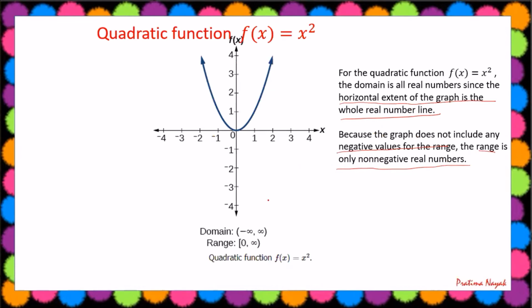We'll write that the domain is equal to minus infinity to plus infinity, and the range is equal to 0 to infinity. So the domain is all real numbers, and the range is only positive real numbers, including 0.